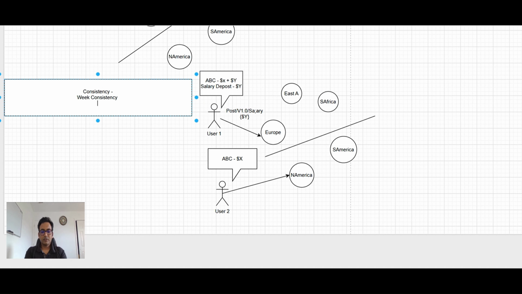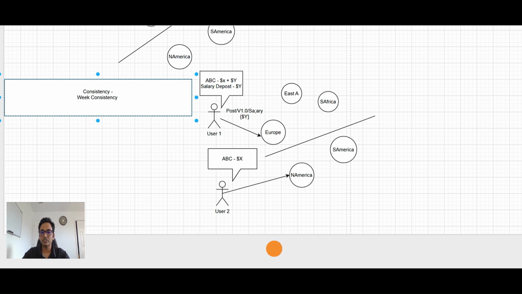Now there is another type of consistency called strong consistency. Think of the scenario where the salary transaction comes to the Europe server and goes to East Asia and South Africa, but when it tries to reach the North America and South America servers, it gives an error. It does not perform the transaction on any of the servers, not on Europe, East Asia, or South Africa, and it returns to the user that the salary cannot be deposited.